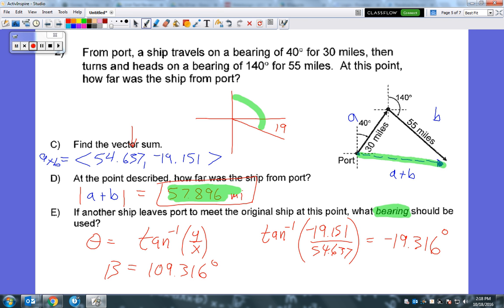Don't you have to flip it for bearing? Because if it's starting at the tip and traveling back to the origin, shouldn't it go the opposite way? So it's not traveling back to the origin. It's traveling from here this way. Because reading the problem, it said if I had another ship leave to meet it, that's what it would do.